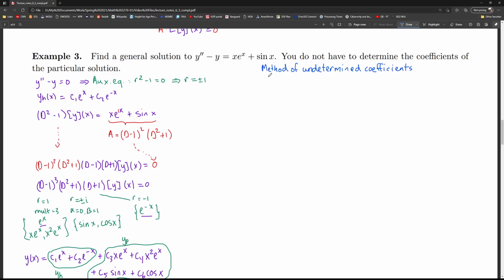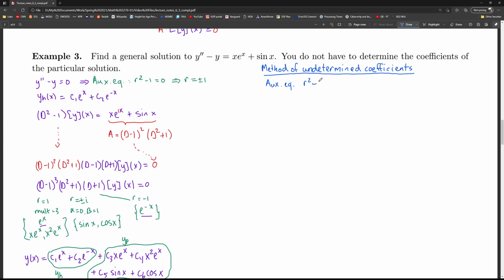With the method of undetermined coefficients, we would also look at the auxiliary equation from this original differential equation.